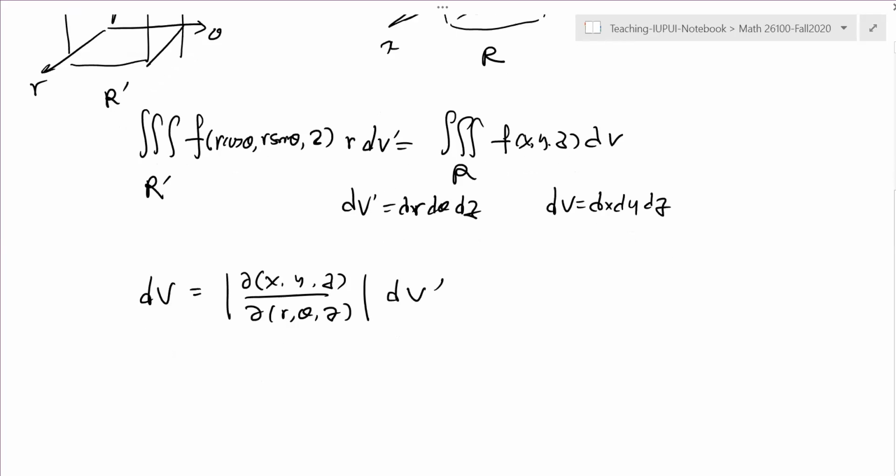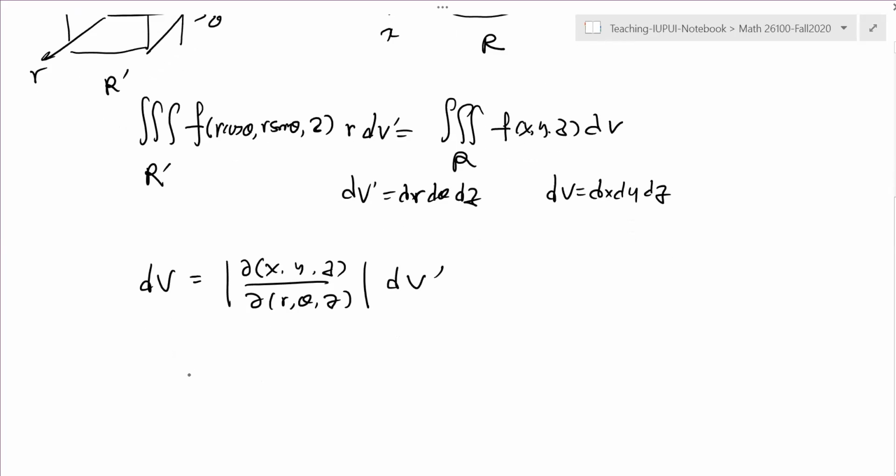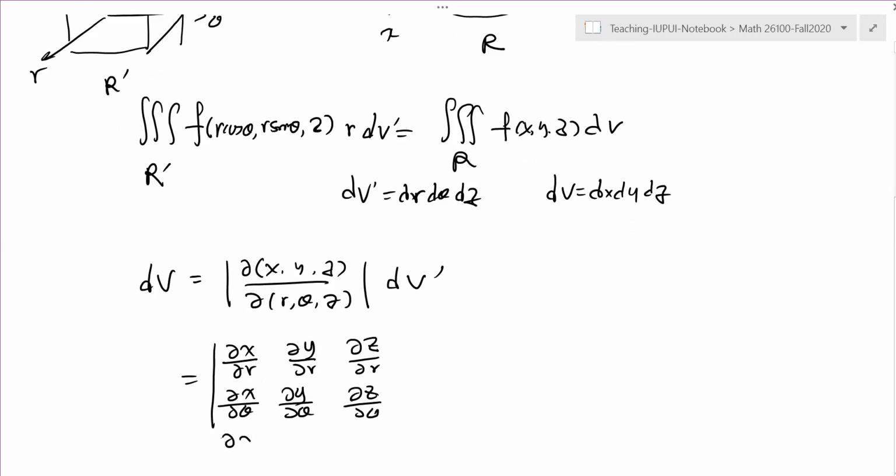Let me show you the details. The entries are partial derivatives of x, y, z with respect to r, theta, and z.